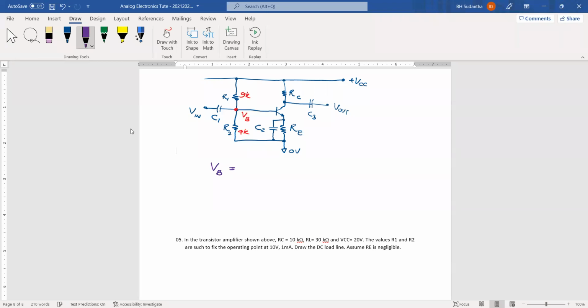VB is 4K times VCC divided by 9K plus 4K. This is 4, VCC is 12 volts.